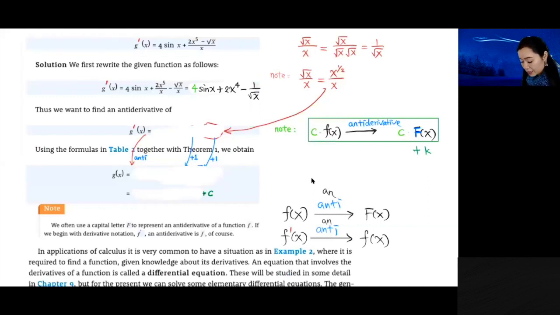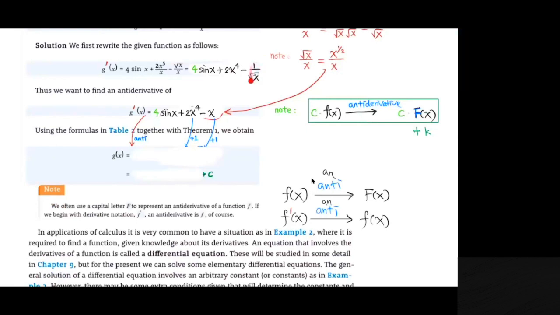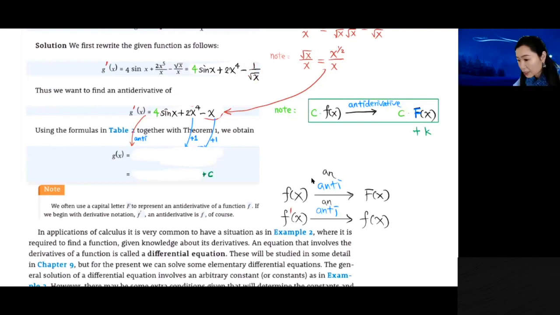So we're trying to find an antiderivative of 4 sin x plus 2x to the 4th power minus x to the what power? Negative 1/2. We haven't taken the antiderivative yet. I'm just rewriting this. So this part right here is x to the negative 1/2 power.